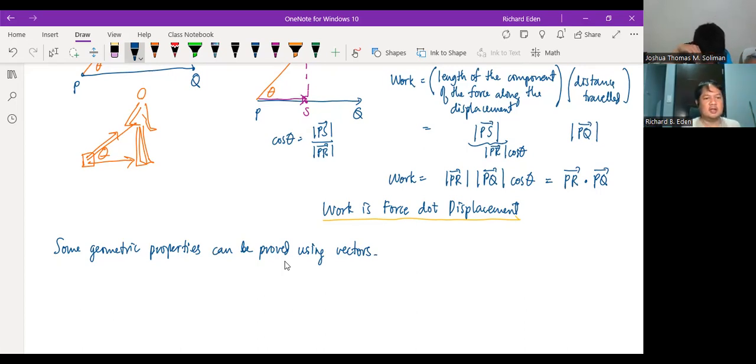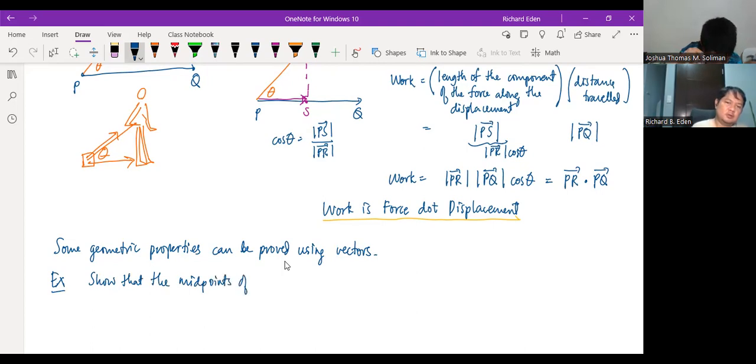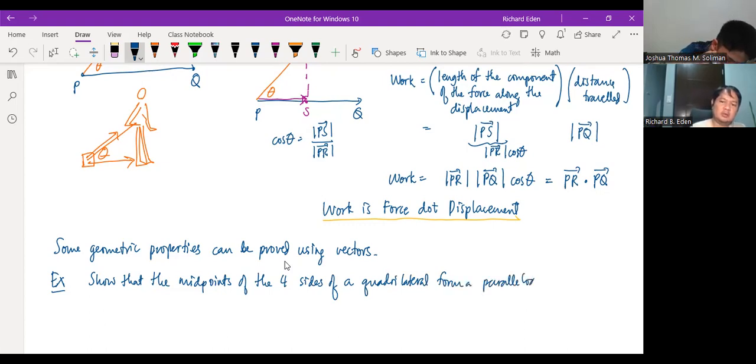All right, this one. So one example: show that the midpoints of the four sides of a quadrilateral form a parallelogram.